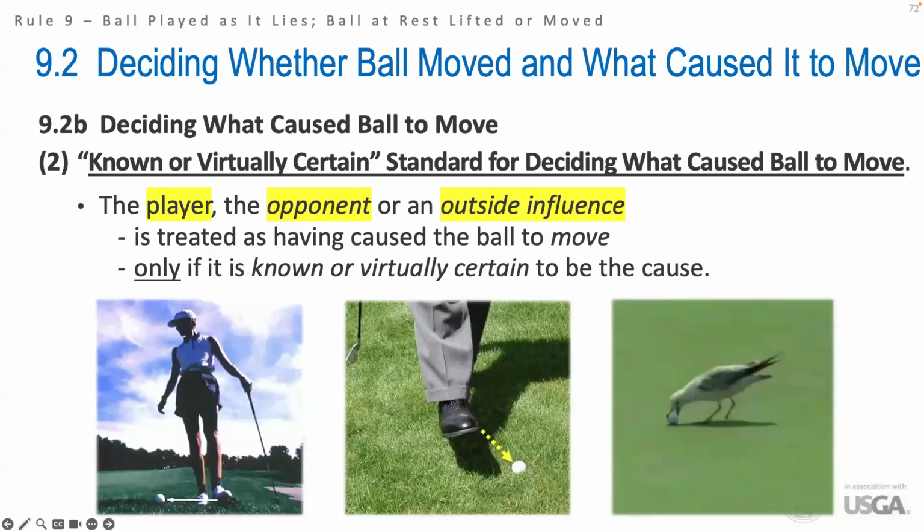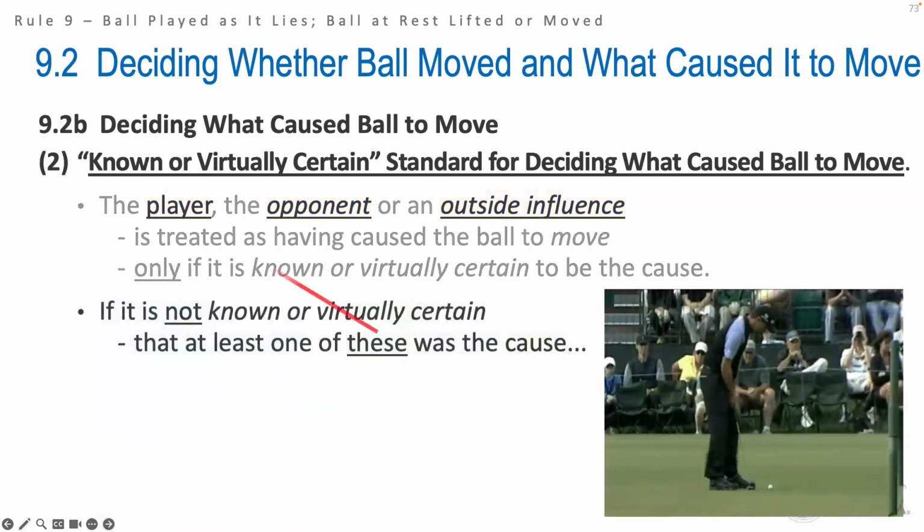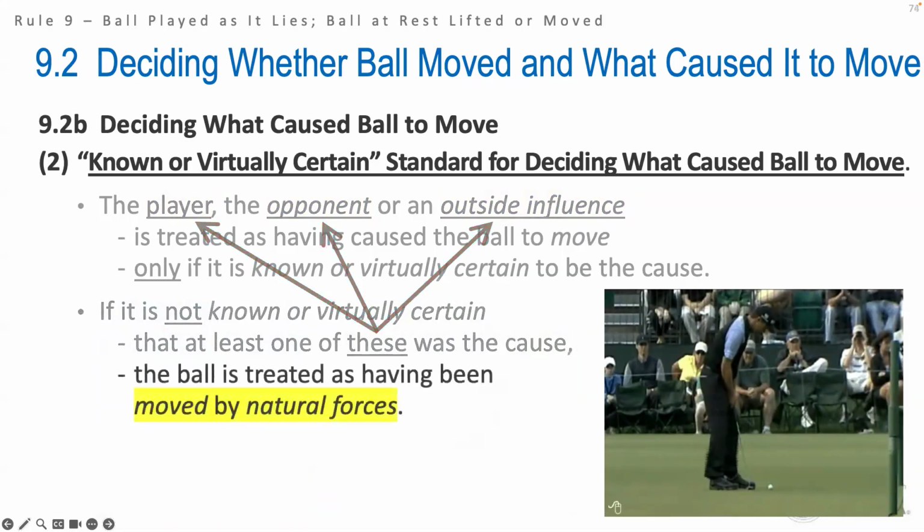So this known or virtually certain standard applies for deciding what caused the ball to move: the player, the opponent, or an outside influence is treated as having caused the ball to move only if it is known or virtually certain to be the cause. If it is known or virtually certain that at least one of these was the cause, the ball is treated as such.